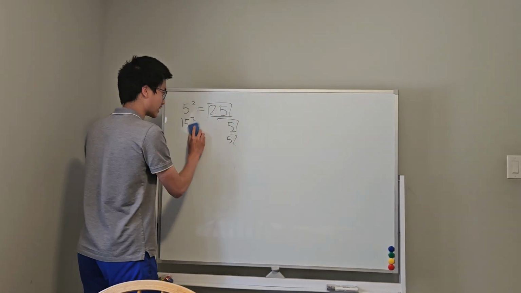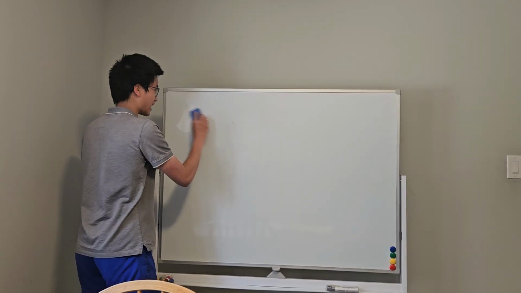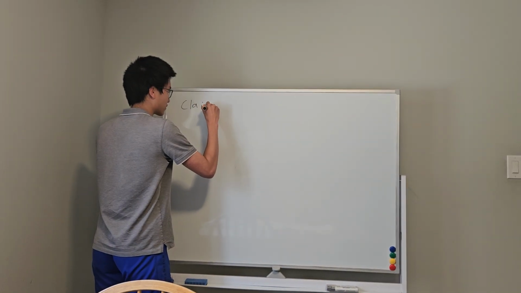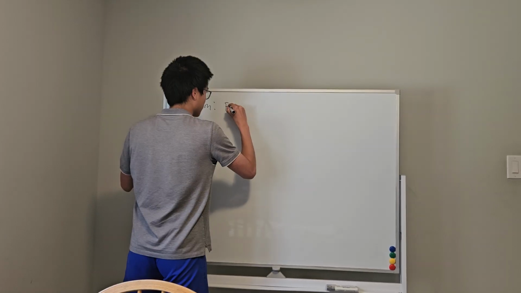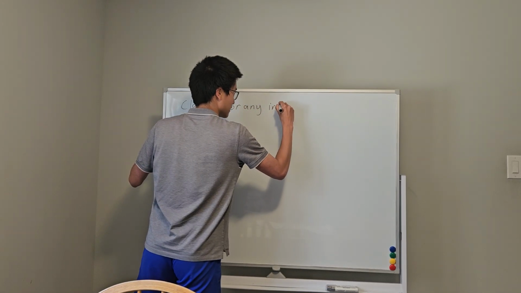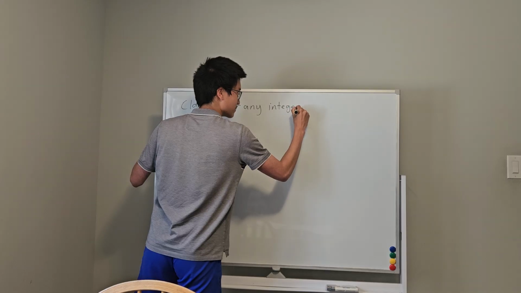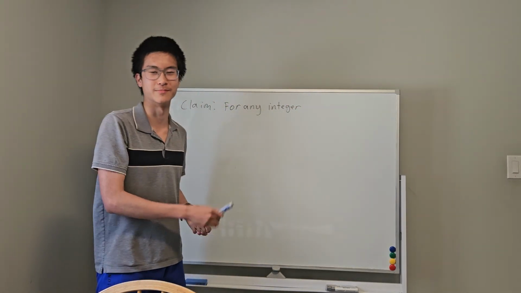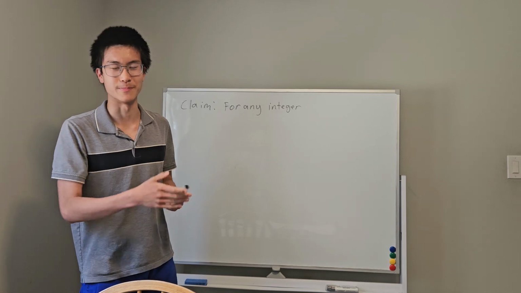So what is our claim right here? We claim that for any integer, it doesn't have to be positive actually. And to see why, well, if you have a negative and you multiply it by itself, your result will be positive.